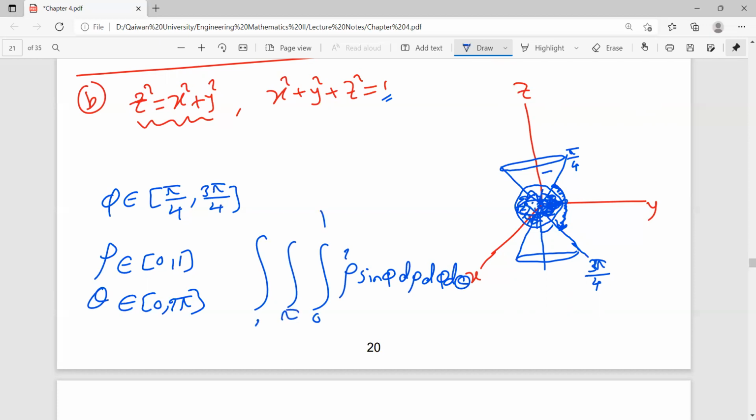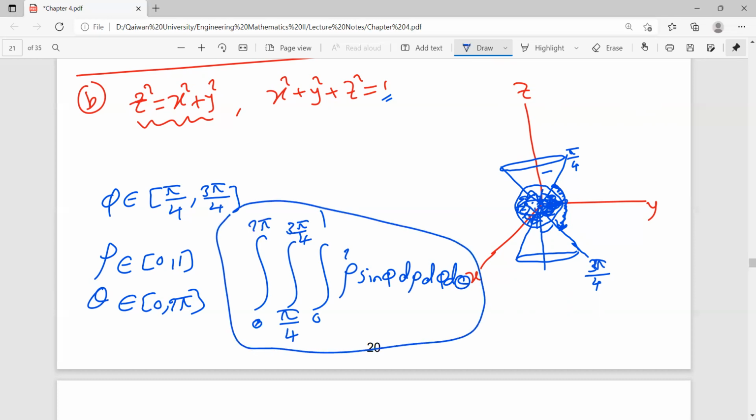Phi is from pi over 4 to 3 pi over 4. And theta is from 0 to 2 pi. This is the triple integral whose value we should find. The result is the volume which is outside the cone and inside the sphere.